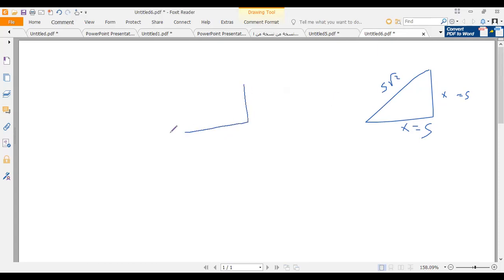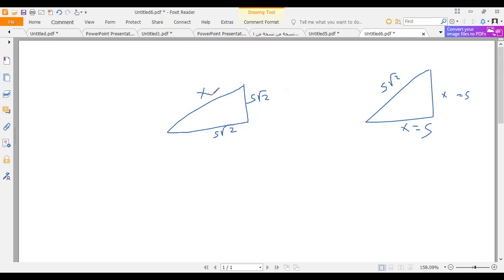And if I give it to you another way, like this is 5 radical 2, and this is 5 radical 2, could you find x here? Is it also 5?